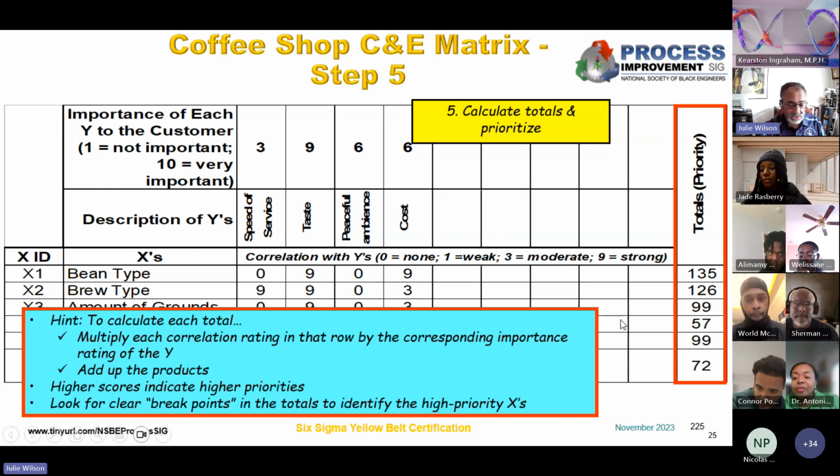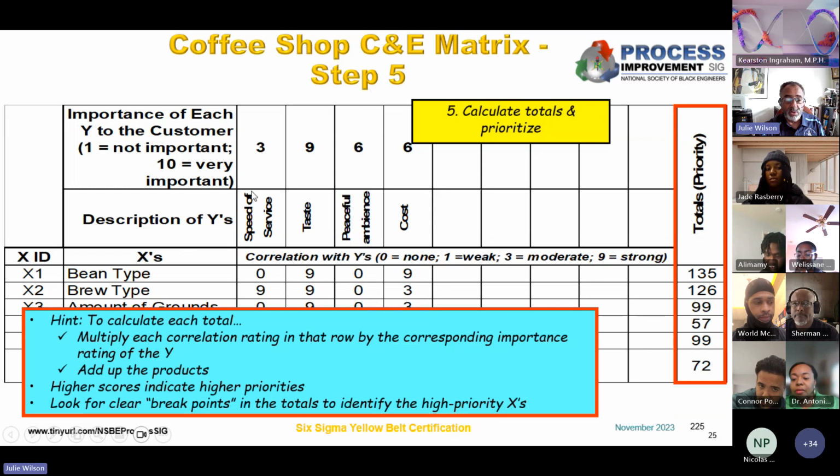Other questions about the cause and effect matrix? I encourage you to try this out, and you can use something basic that's relatable to you and your home, your family or whatever.